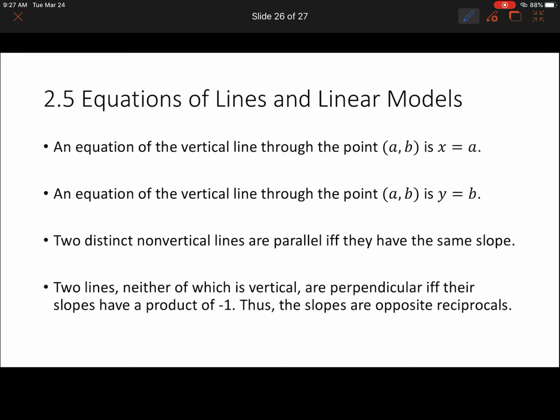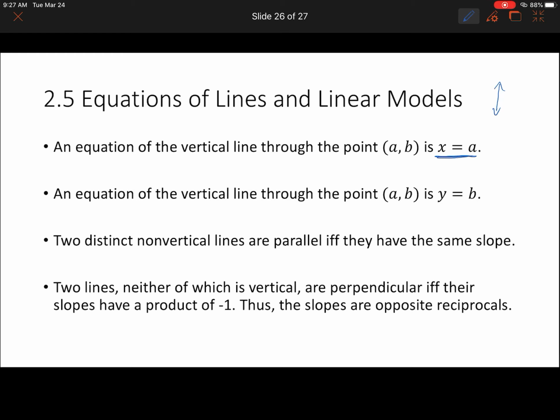So let's clean up a few things here as we're trying to wrap up this section, this chapter. First of all, when you look at an equation of a vertical line through a particular point, remember that a vertical line goes up and down, and it has an x-intercept but not a y-intercept. And so when we write that equation, we figure out what that x value is.